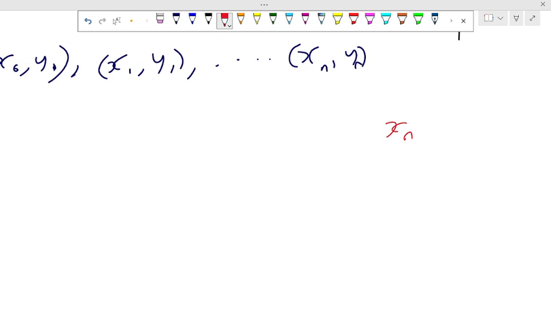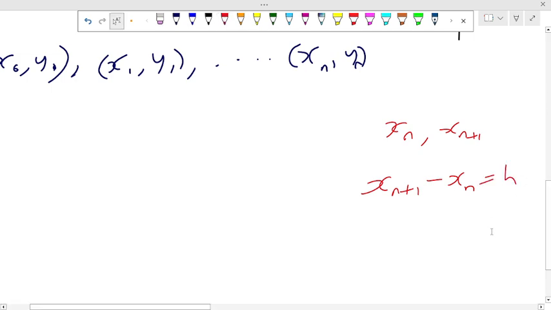The next thing after xn will be xn plus 1, obviously. So the difference, xn plus 1 minus xn, is h, which is the interval or step size. Also very important to have this in mind.